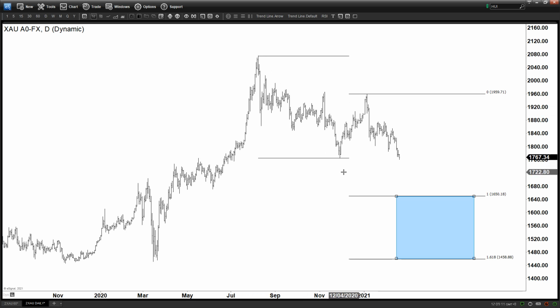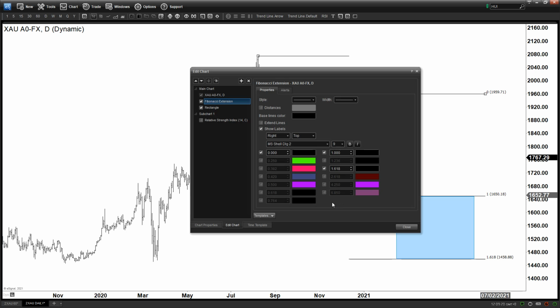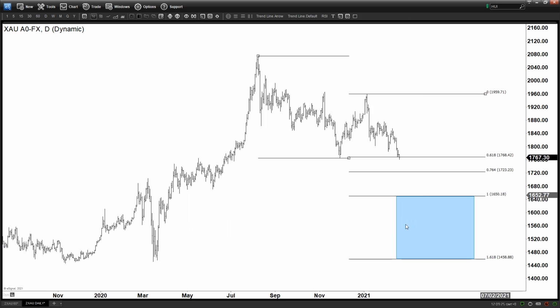Even if you count this as WXY or something like that, there will be support over here as well. It is going to bounce from there first before turning lower again. So even if it is eventually going to 1650, you're still going to get support around 1720, 1730 in gold before another leg on the downside.